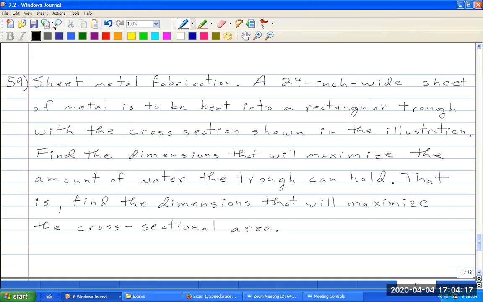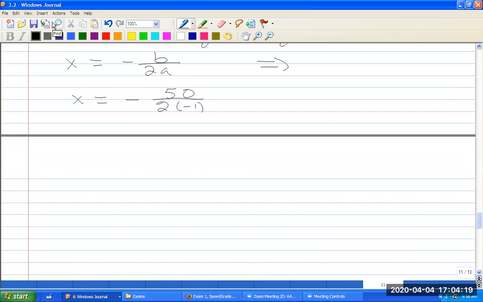The negatives cancel, and 50 divided by 2 is 25. So x is 25, which means that the maximum occurs when x is 25.